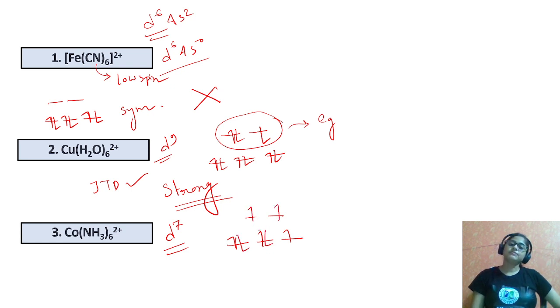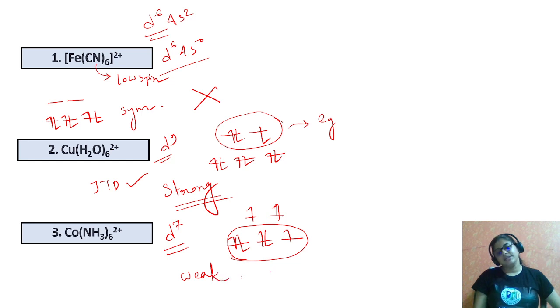Tell me, is it strong or weak JTD? So here EG orbital has 1 and 1 electron, so it is symmetrical. But here T2G orbital is unsymmetrically filled, so it is weak JTD. And obviously it is Z out.